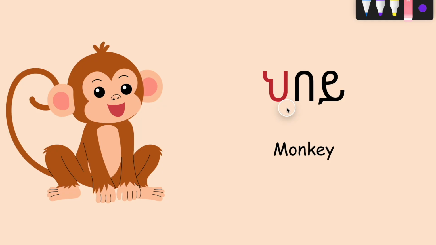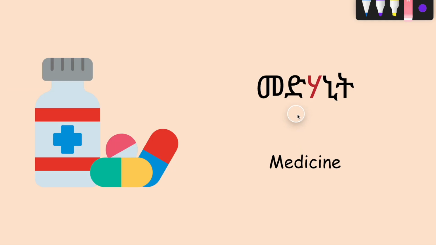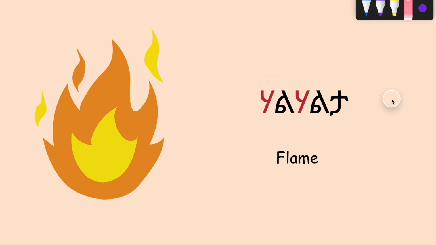Hibe. Another word is medicine. Medhanit. Medhanit. Okay, ha. That's the fourth order, ha. Ooh, another word is halhalta. Halhalta, which means like flame, okay?